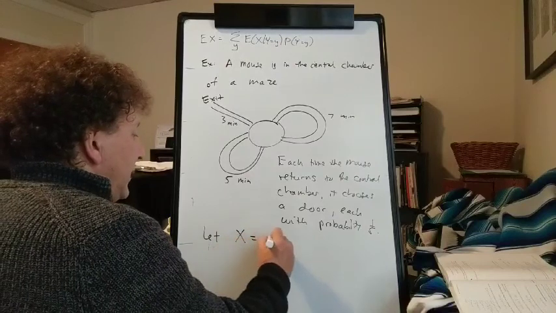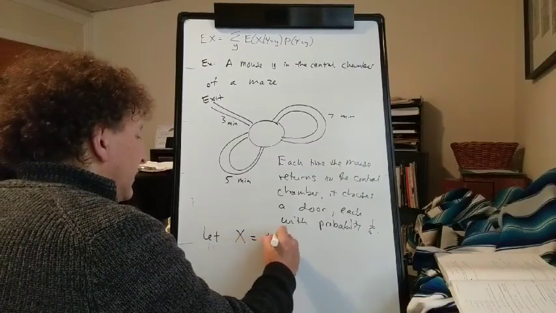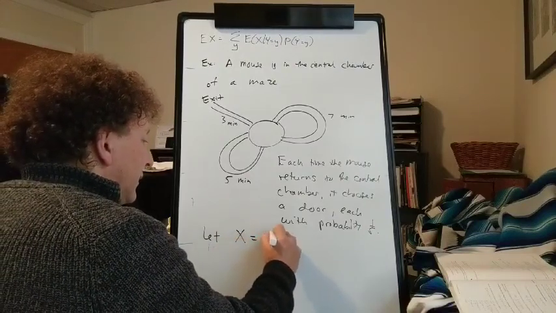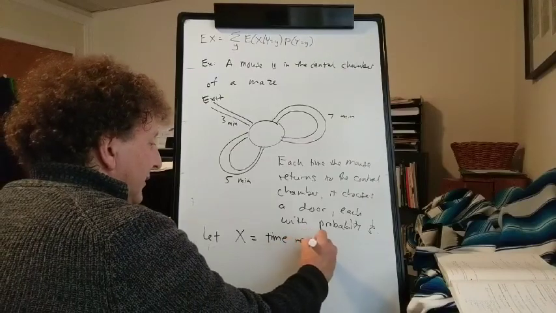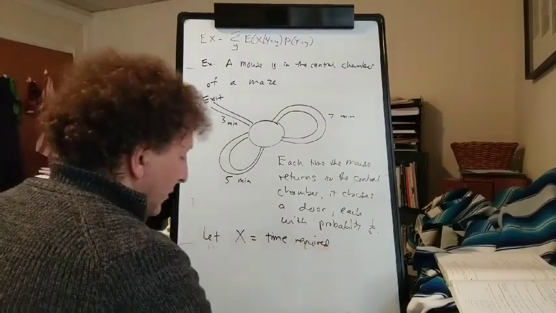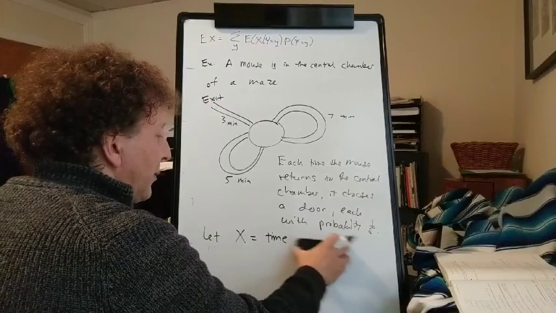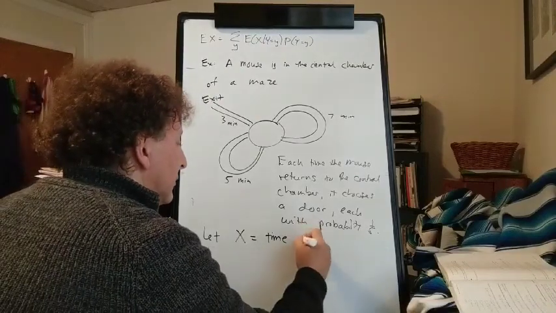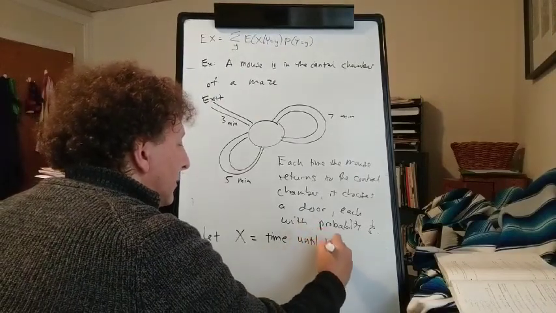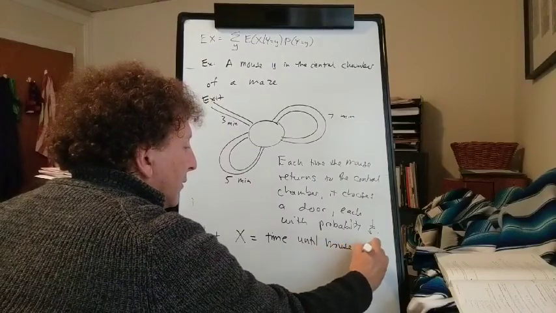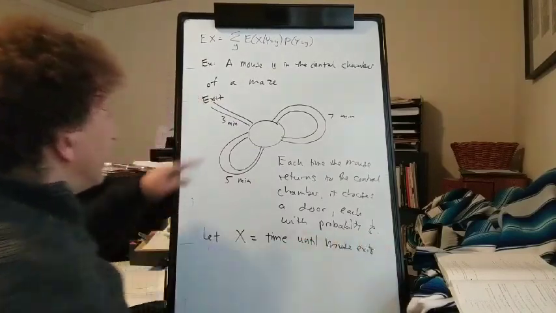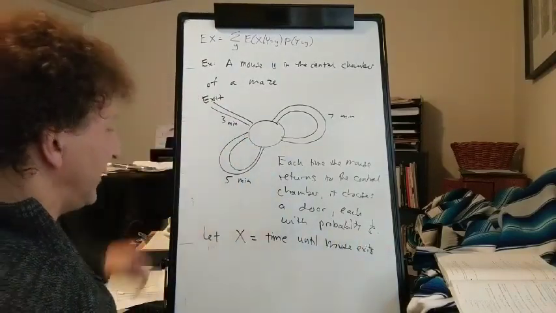Let's let x be the time required to exit, or let's say the time until the mouse exits. So the time it takes for the mouse to get up here to the exit.